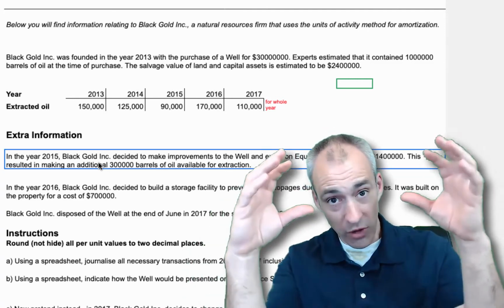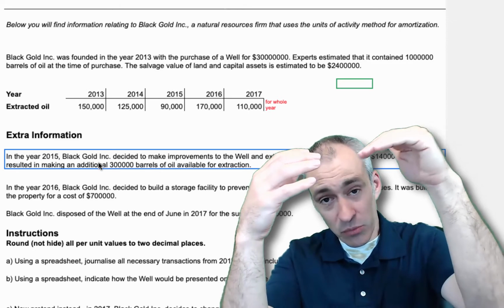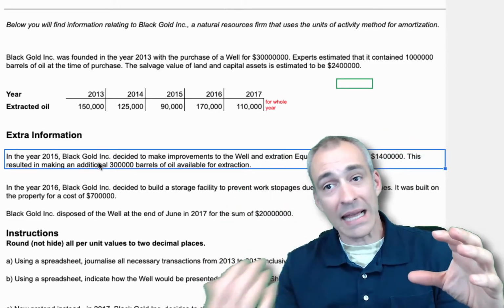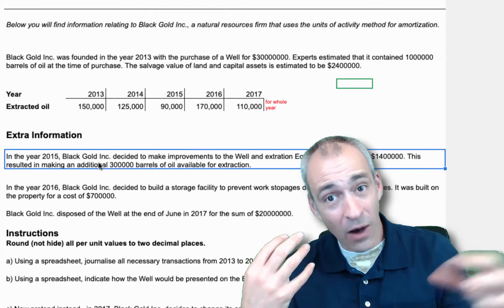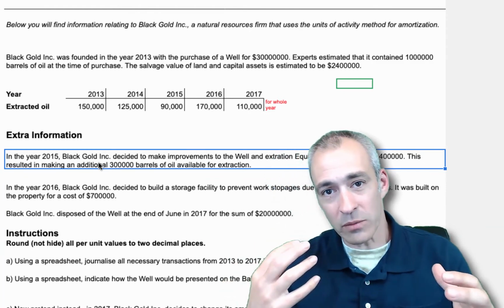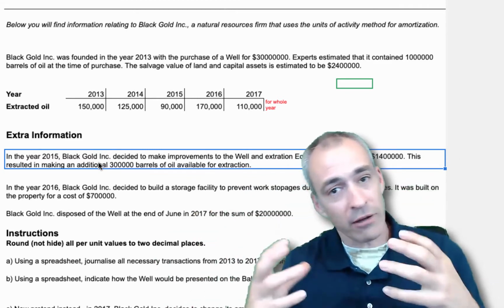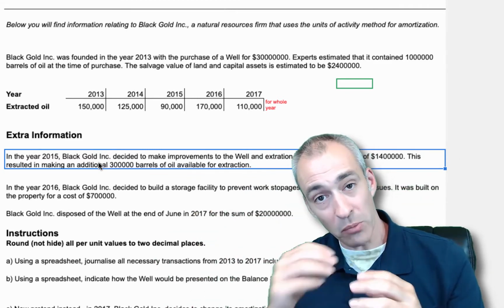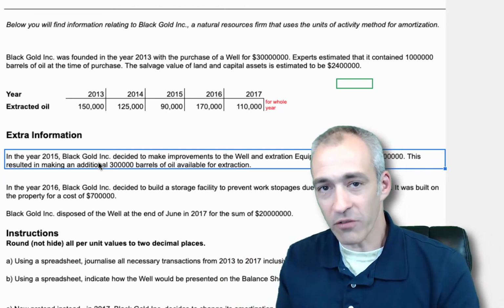So that's changing the numerator because of previous amortization, and in goes the improvement. And in the bottom, you've already taken out oil in 2013 and 2014. And in 2015, you now have 3 million more accessible. So both the numerator and the denominator change when you then recalculate what amortization should be per barrel of oil. Give it a crack. Don't feel bad if you need to share your file and ask me a question.